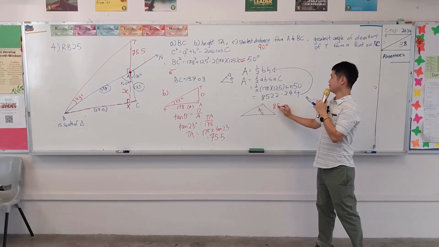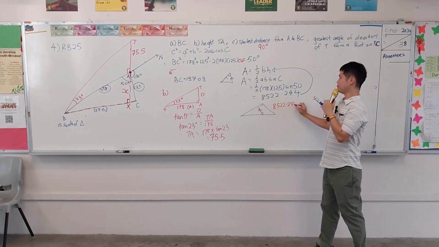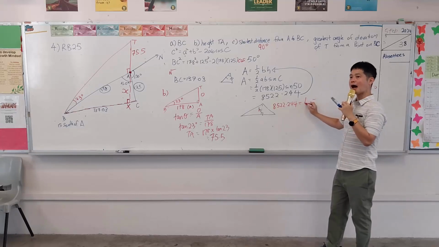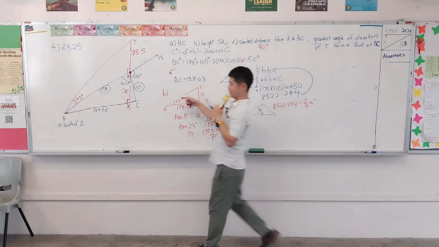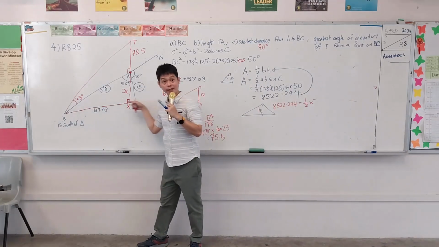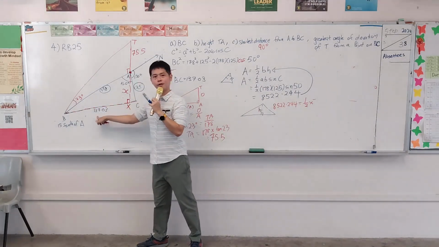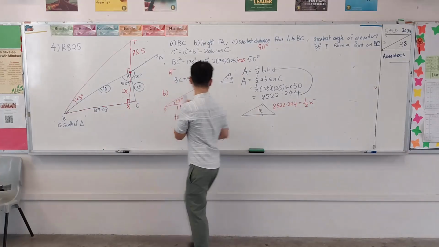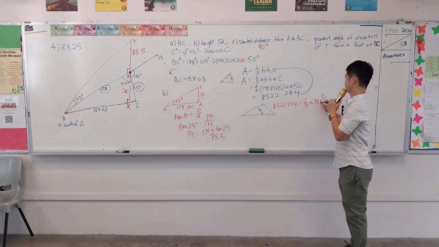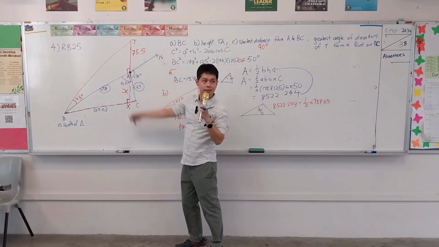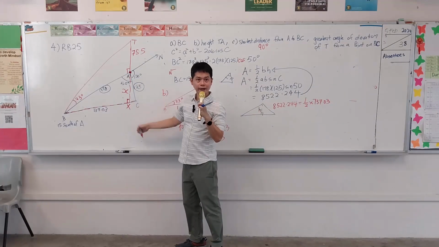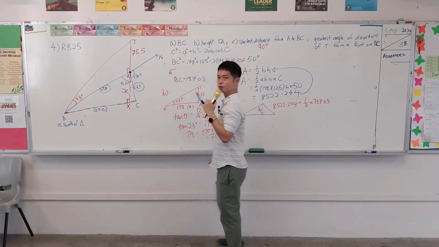So 8522.244 equals half times, lucky I have the base already, right? The base is 137.03 and the height is my x here. Okay, I can call this h also.